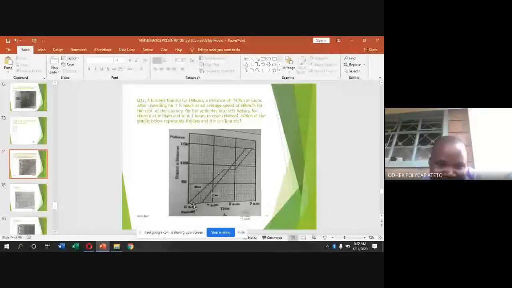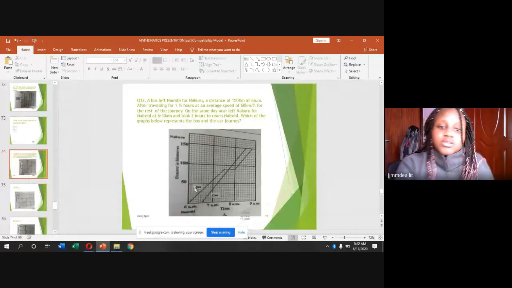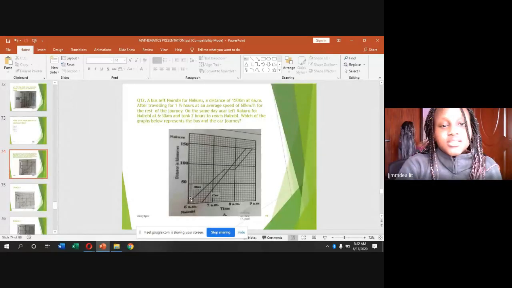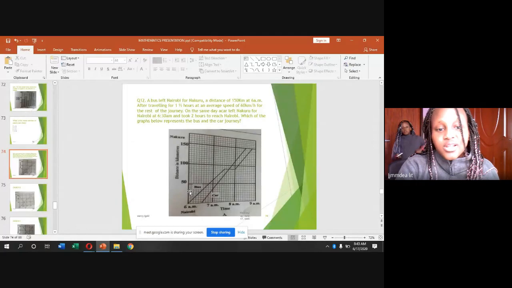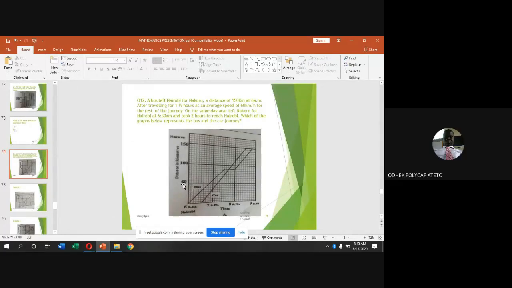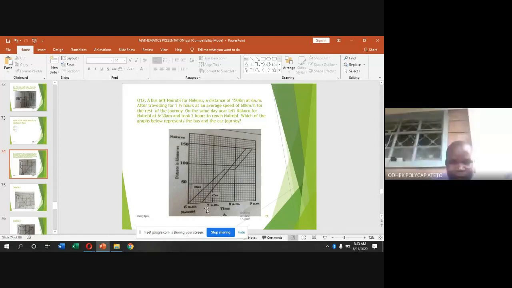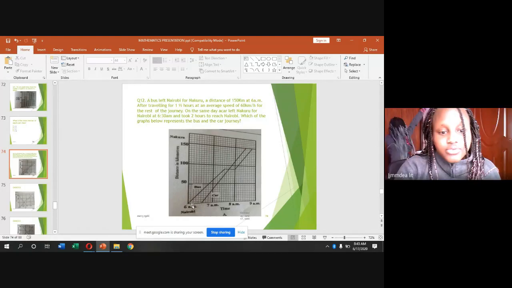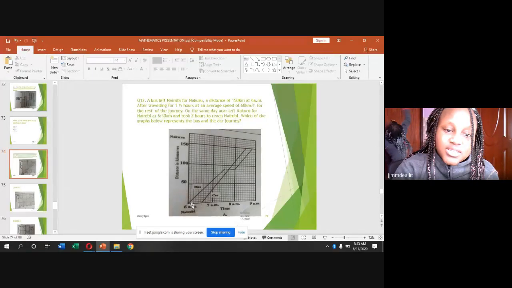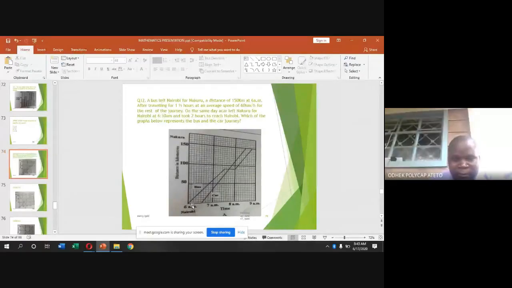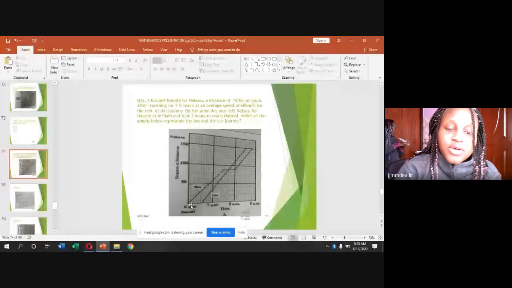These ones are distance in kilometers, yes. 1 centimeter represents 50 kilometers on the vertical axis, then horizontal. 1 centimeter represents 1 hour.